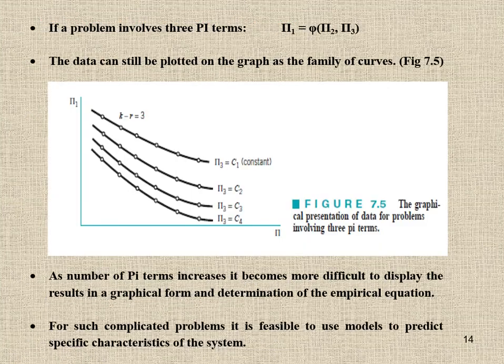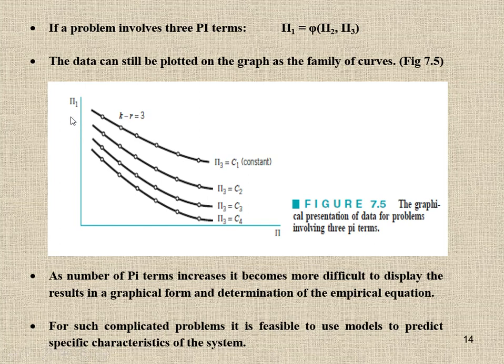Here, if a problem has 3 pi terms, pi 1 is a function of pi 2 and pi 3, so the data can still be plotted on a graph as a family of curves. We had the same problem when the number of variables was 4, 5, 6, so it was difficult to conclude. Now we have 3 pi terms, and even then we can plot the curve.